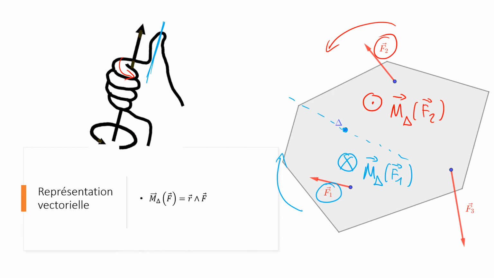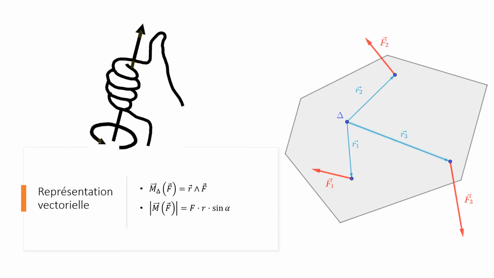And we can do the same thing for F3. F3 tries to make the body rotate in this direction, and that means that the torque vector is also going to be pointing into the plane of the body. So this is going to be representing the moment around the axis delta of force F3, and it's again a vector quantity.